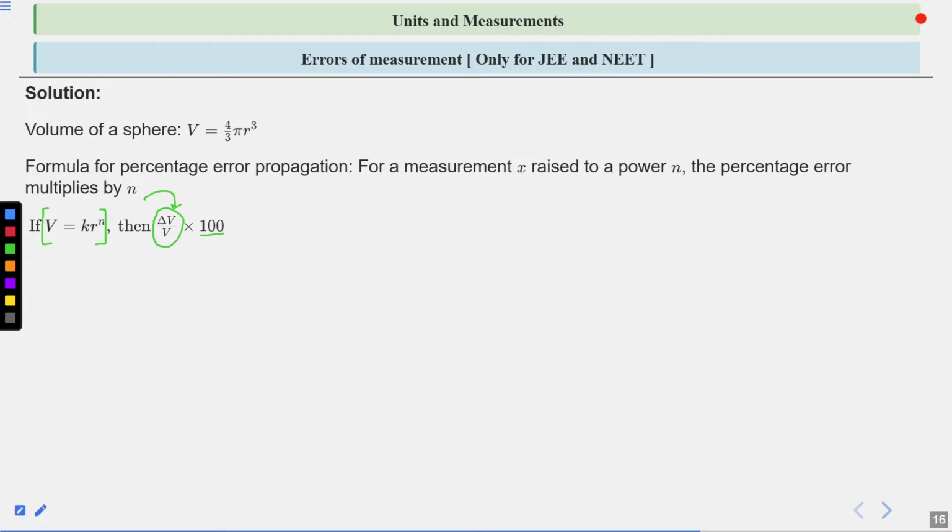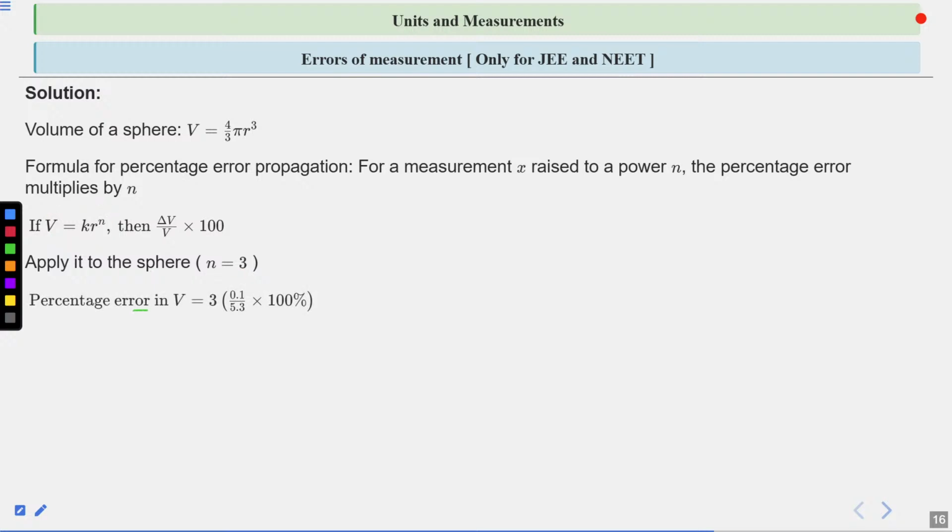So the term V is equal to 4 by 3 pi r cube. There 4 by 3 and pi are constant terms, so neglect them. The remaining term is r raised to the power 3. So apply it to the sphere where n is equal to 3. When we compare V with this formula, V is equal to k r raised to the power n.